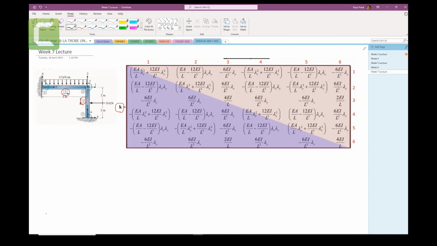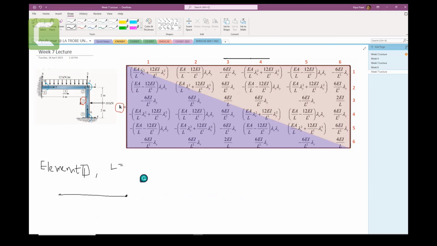So first of all, let's start with element number 1. For element number 1, how do we identify where the element number 1 is? The number with the square bracket represents element number 1. So this is element number 1. You with me to say that this is my element number 1?